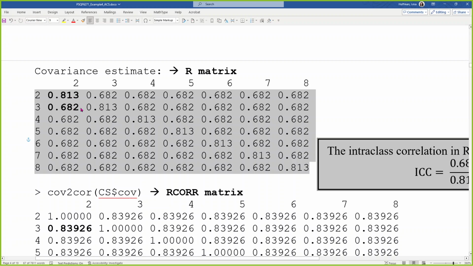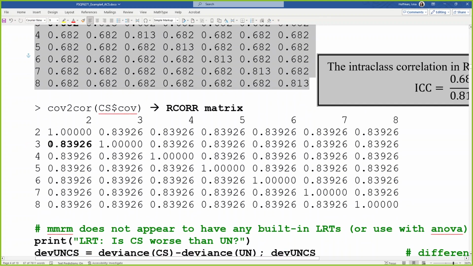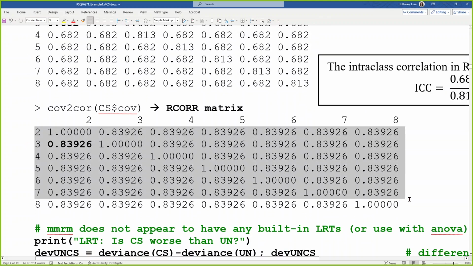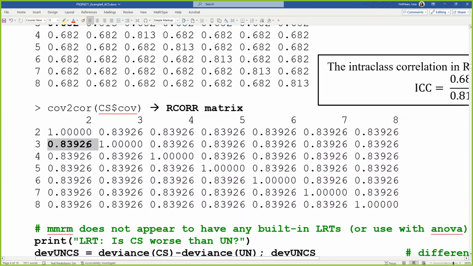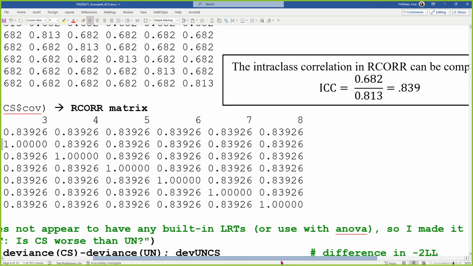And if I want to turn that into a correlation, here's my R-core matrix. And this correlation has a special name, right? What's it called? Starts with an I. Intraclass, yeah, feel free to read from the screen, always.